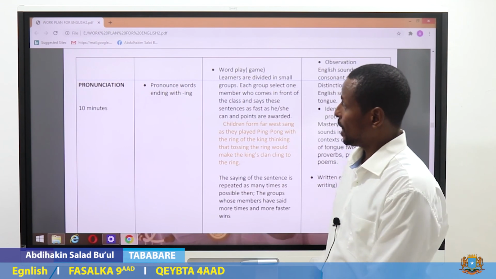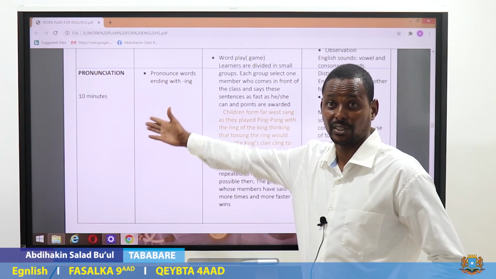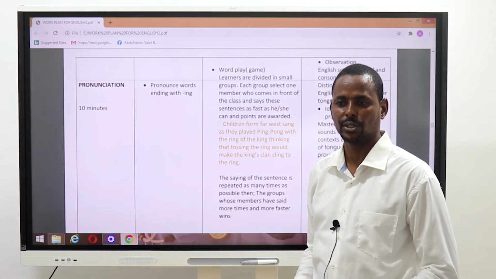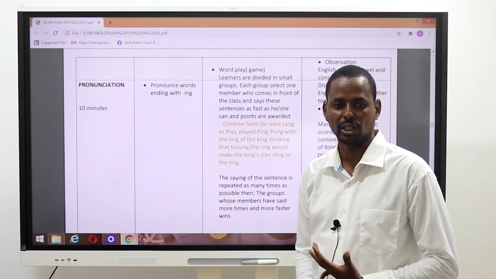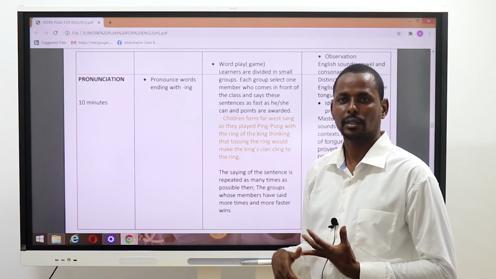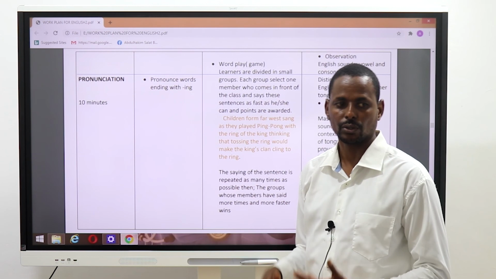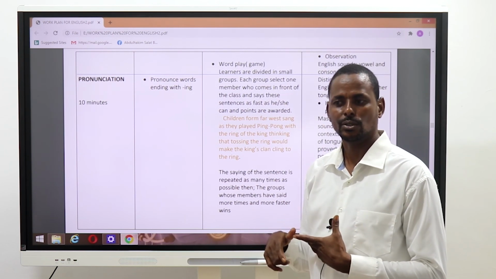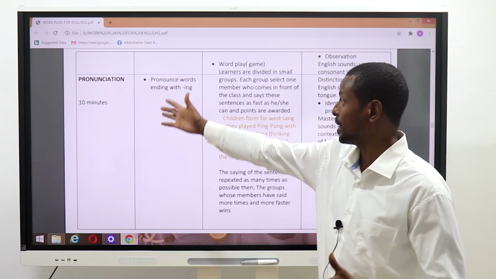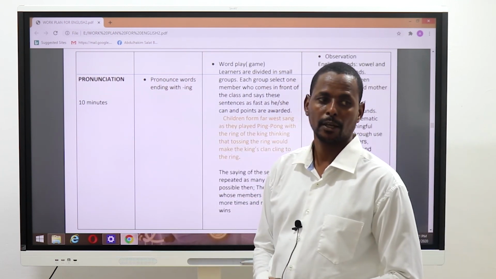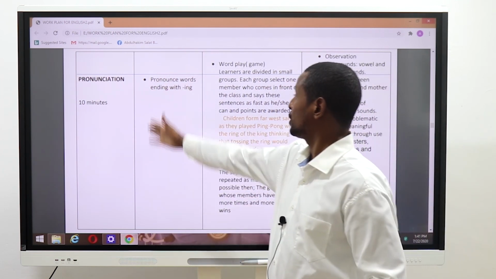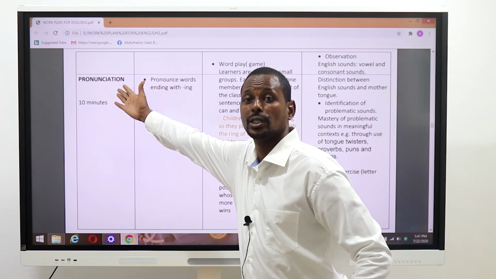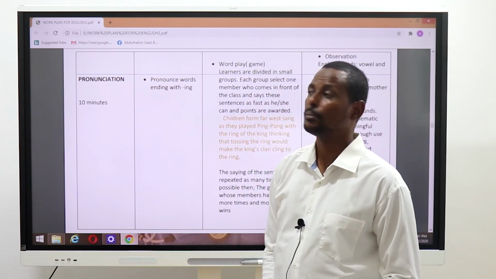Then we have, still under language practice, when we are practicing language, grammar and usage, pronunciation, negotiation skills. There are so many things that come under language practice. Here we are now discussing pronunciation.